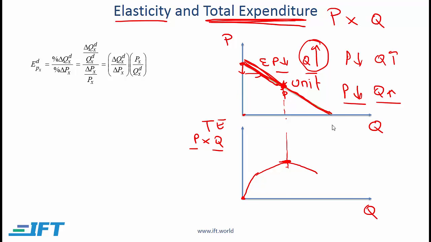And when we come all the way over here, price is 0, so obviously the total expenditure is 0. So the points to note over here are that as we decrease the price in this elastic portion, the total expenditure goes up, and in the inelastic region, the total expenditure comes down, and it comes all the way down to 0, which corresponds to this point.